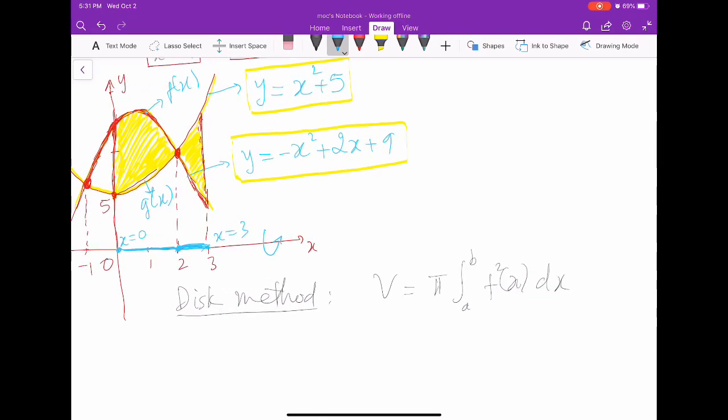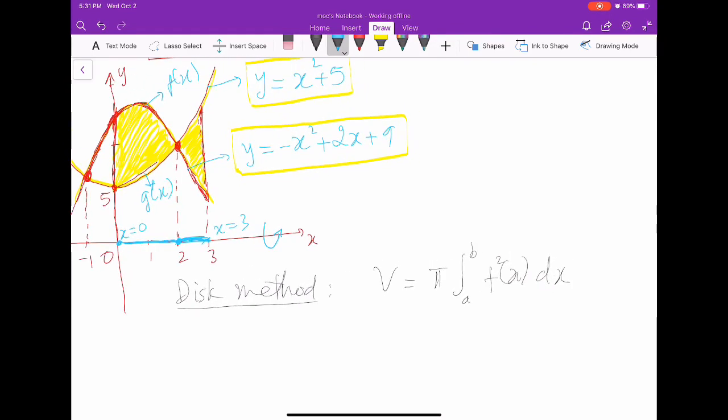Like the previous example with area, now we have volume, and we need to split our region into two regions, so we need to do two integrals. The first integral looks like this. I call this V1, and this is V2.